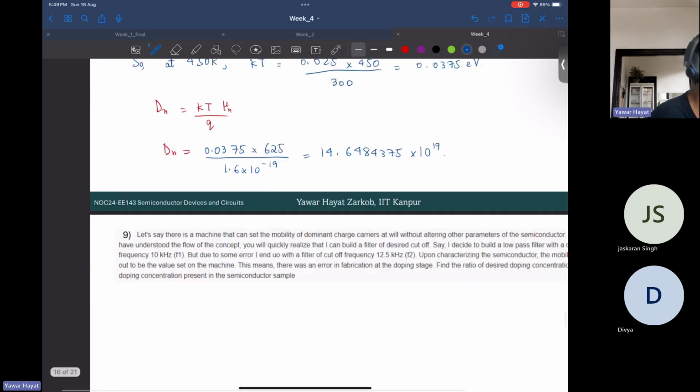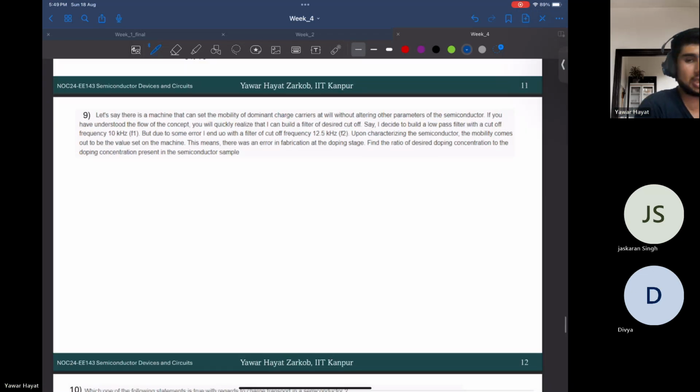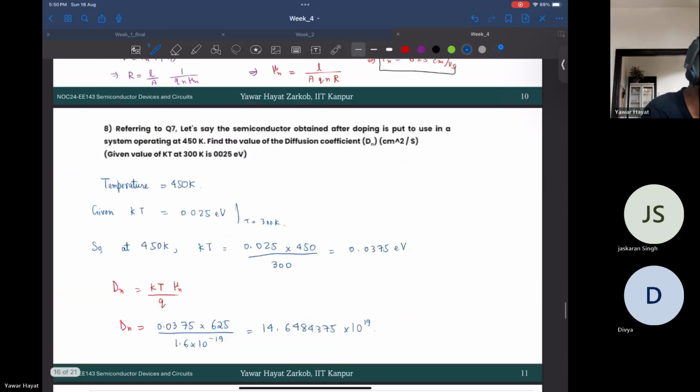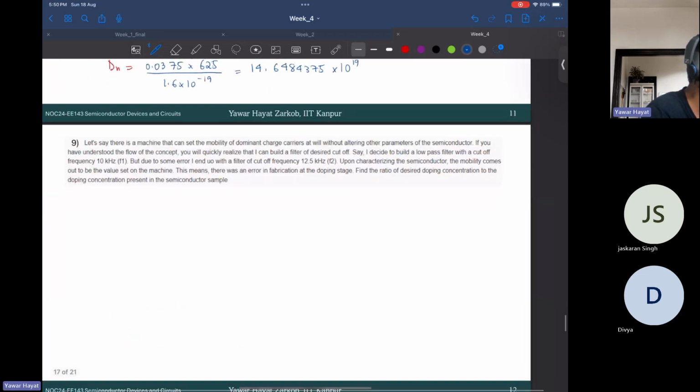Then we have question number 9. We have been asked that, let's say there is a machine that can set the mobility of the dominant charge carriers at will and without altering other parameters of the semiconductor.